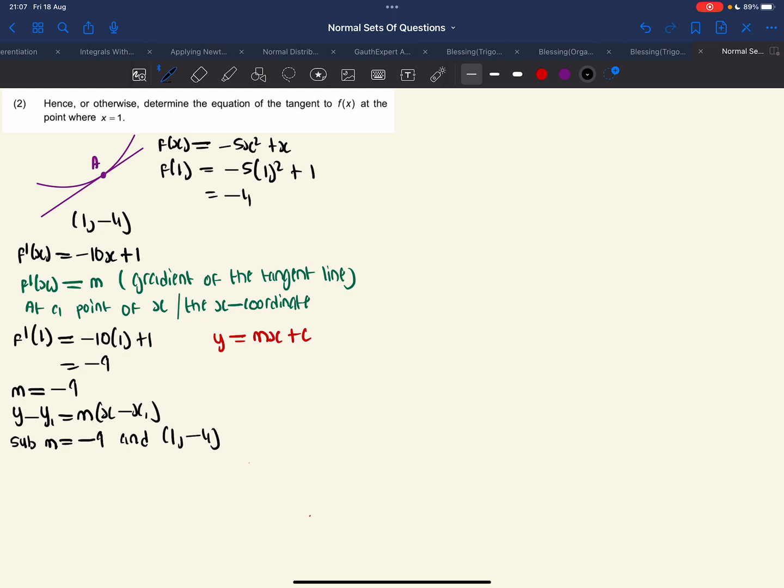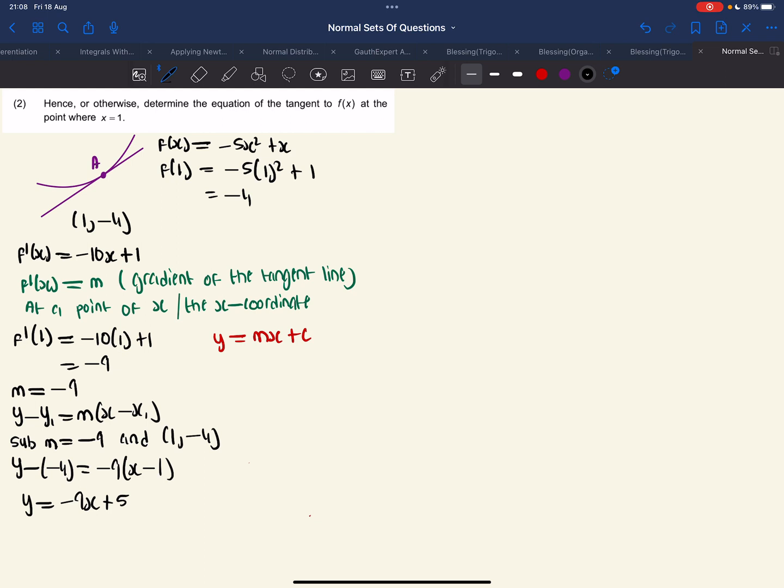So now we're going to say y minus (-4) equals minus 9 times (x minus 1). Then immediately doing that, you should get y equals minus 9x plus 5, and that's the answer that you should get at the end.